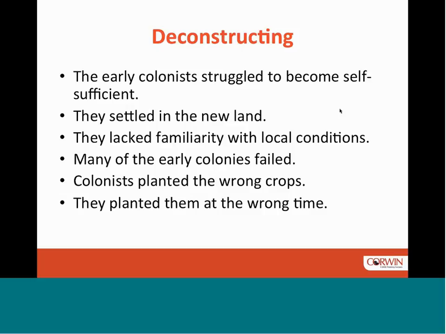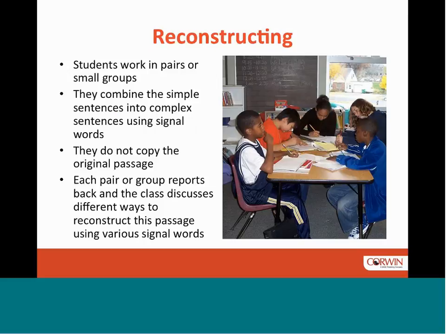That gets a little complex, but we're working on academic complexity. Now, if we go to the next slide, so we've identified signal words, we've broken it into simple sentences, and then the third step is to have the students work in pairs or small groups.